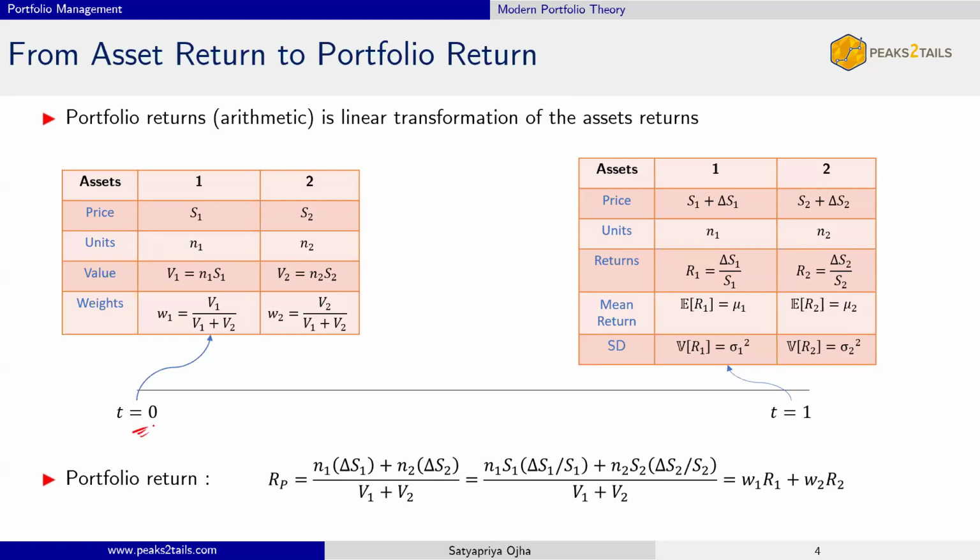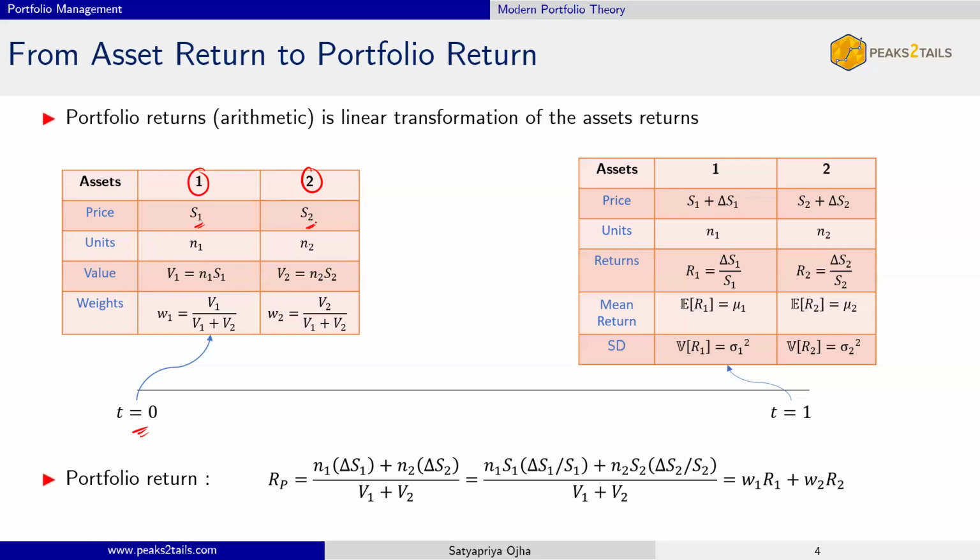At time t equals 0, you have two assets, asset 1 and asset 2. The price of the first asset is S1, the price of the second asset is S2. When I say price, it is price per unit. So for example, stocks are easy to understand, so this price is price per share.